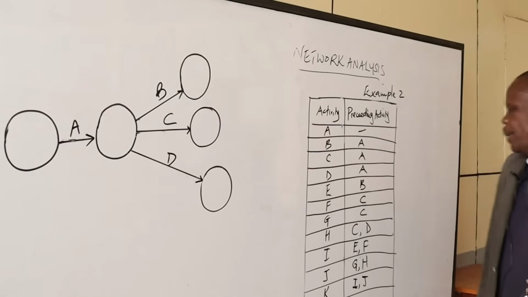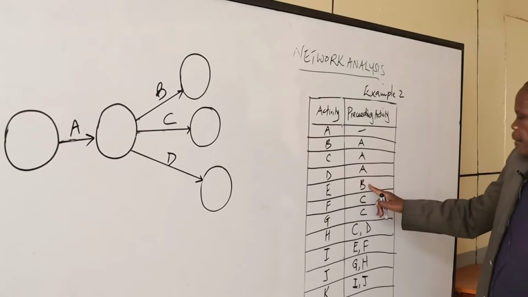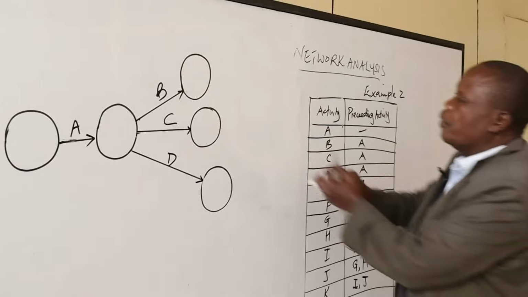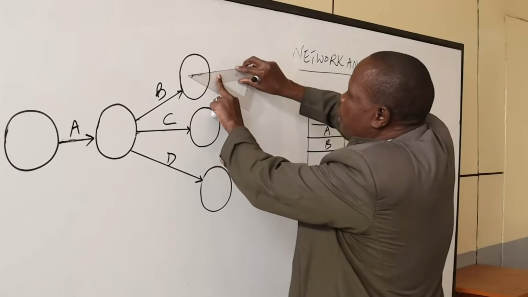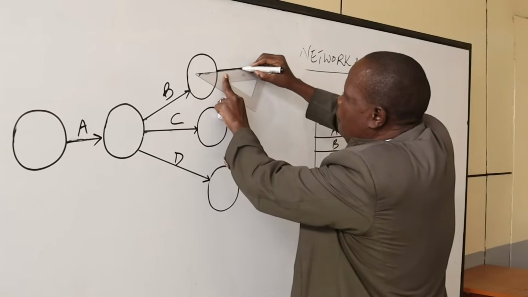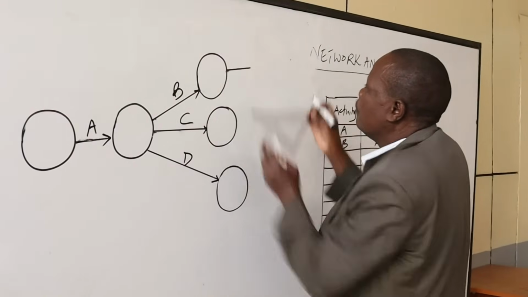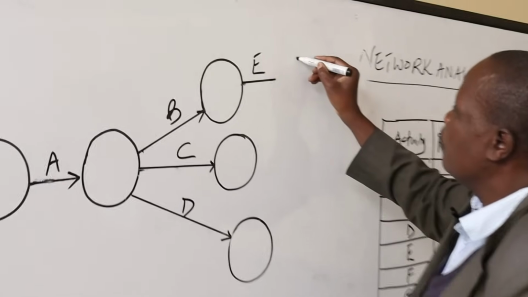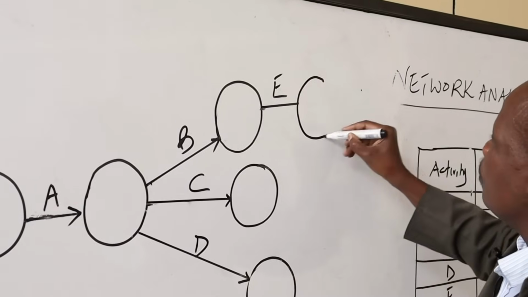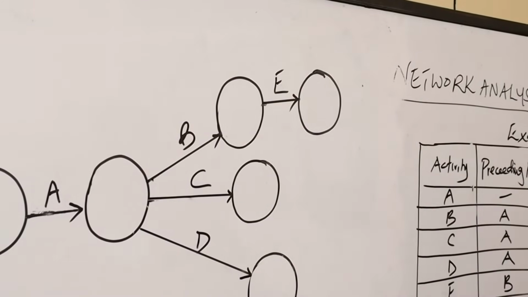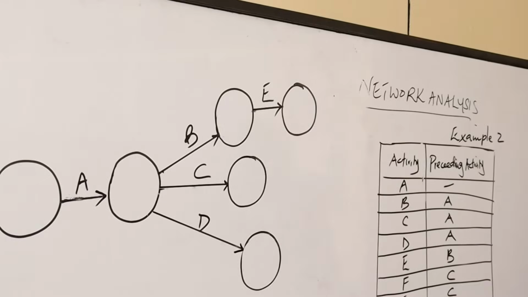So B is now giving rise to E. After B, there is E. Then arrows must be indicated.